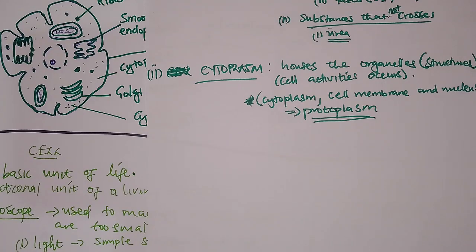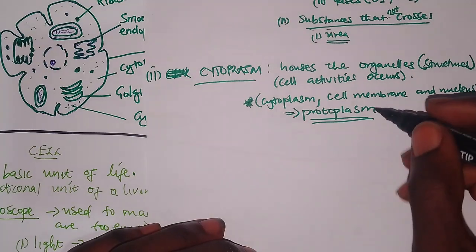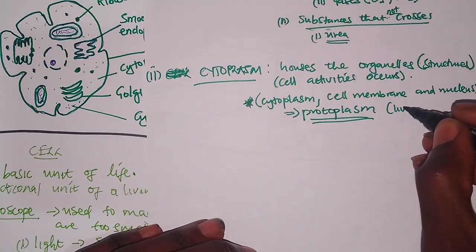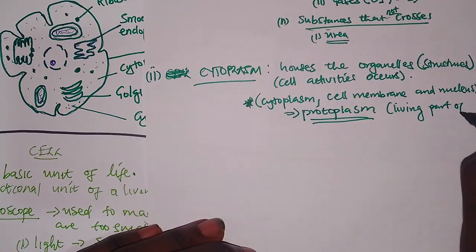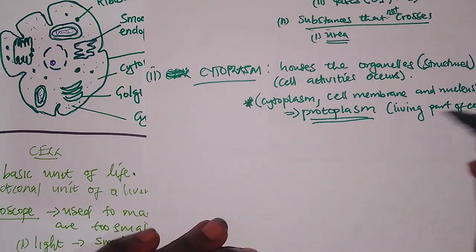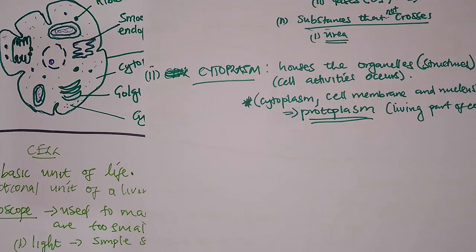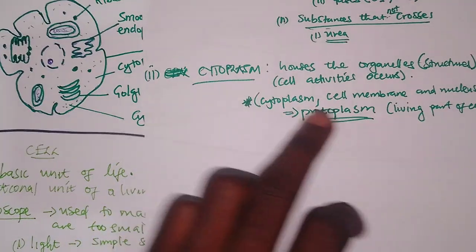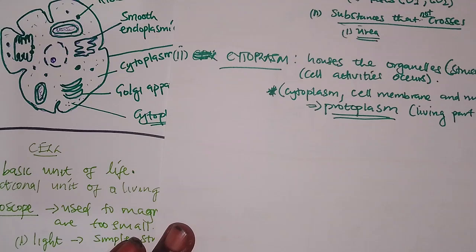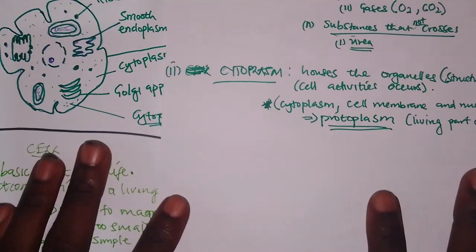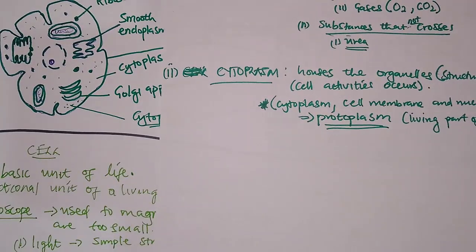The protoplasm is the living part of the cell. The living part of the cell only contains the cytoplasm, cell membrane, and the nucleus. You need to know these terms.